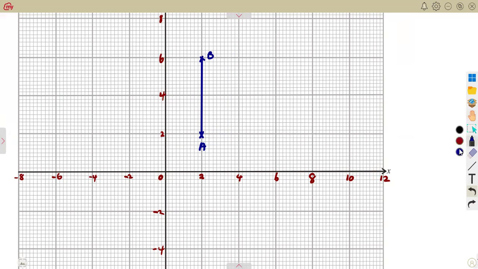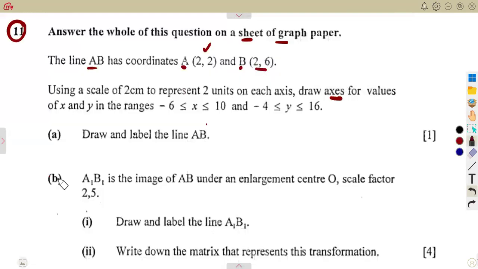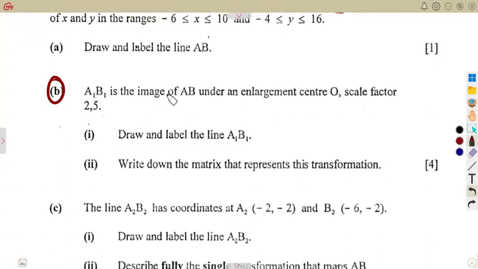Then from there, let us consider another part of our question, B. A1B1 is the image of AB under an enlargement, center (0, 0), scale factor 2.5. Remember, I talked about the enlargement and drawing of the image.